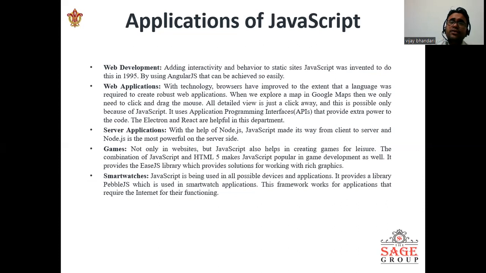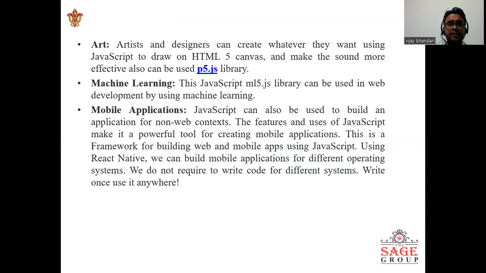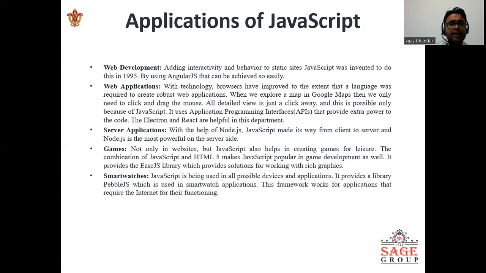We can see the applications of JavaScript in web development, web applications, server applications, gaming, smartwatches, art, machine learning, and mobile applications. So these are the applications we can go through: web applications, APIs, server applications, gaming zones, smartwatches. JavaScript is being used in all possible devices and applications.